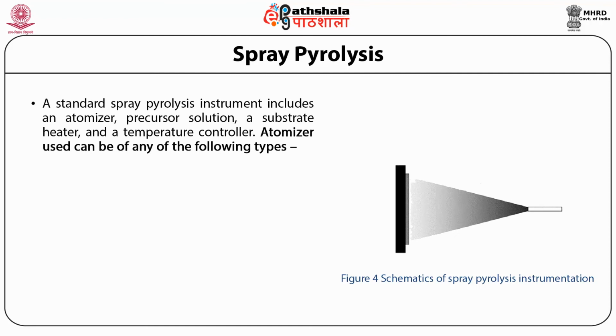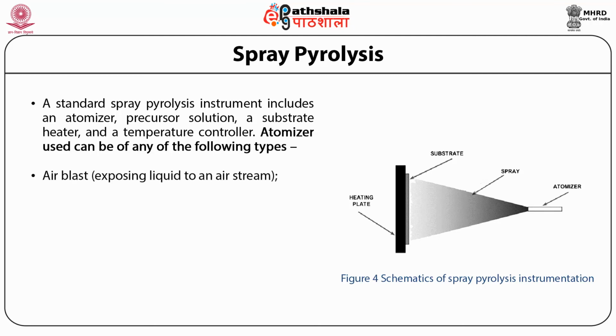A standard spray pyrolysis instrument includes an atomizer, the precursor solution, a substrate heater, and a temperature controller. Atomizers can be of any of the following types: A. Air blast, that is exposing liquid to an air stream.